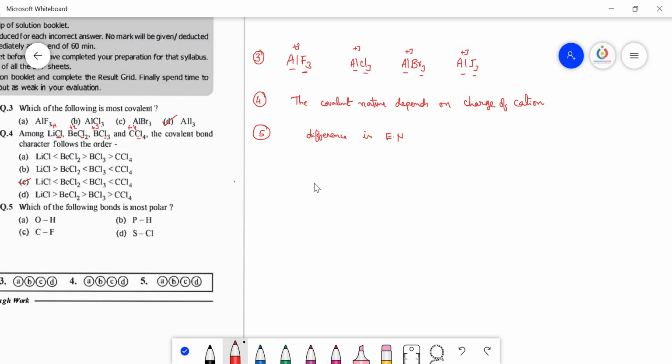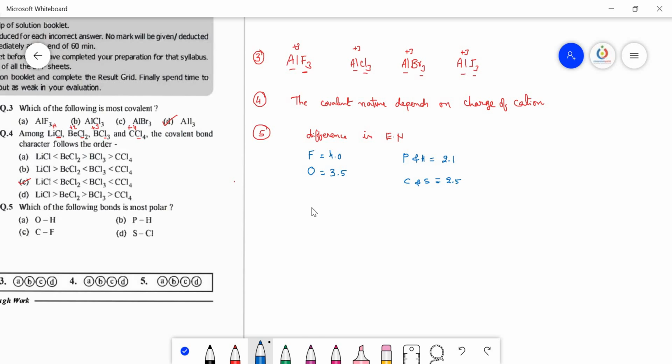Now let us see the electronegativity values of the atoms given over here. Oxygen electronegativity value is 3.5 on the Pauling scale, whereas fluorine is 4.0, and phosphorus and hydrogen have the same electronegativity of 2.1, whereas carbon and sulfur have the same electronegativity of 2.5.